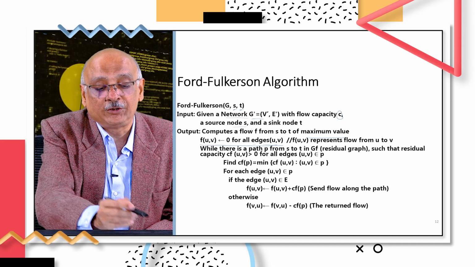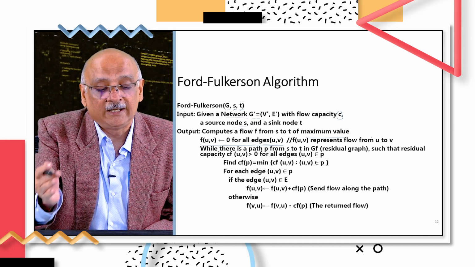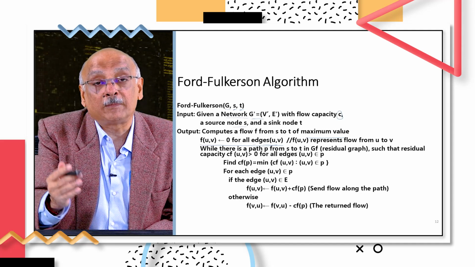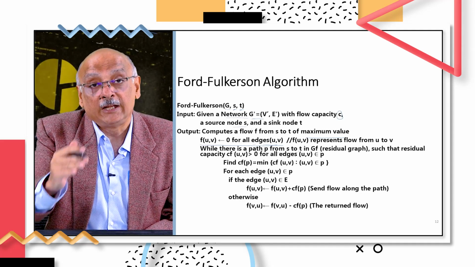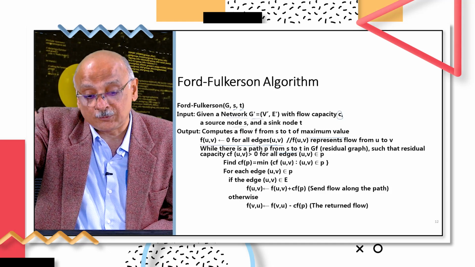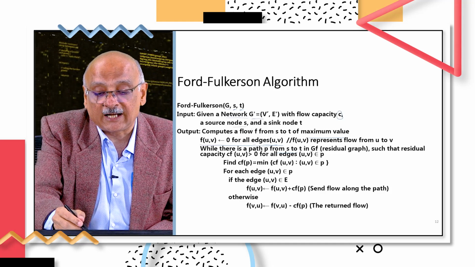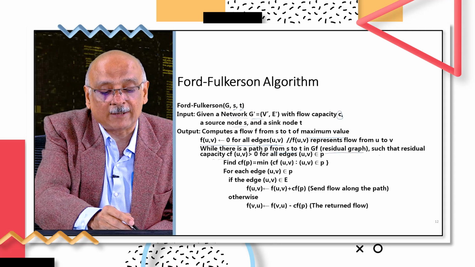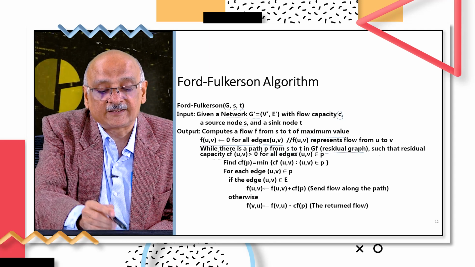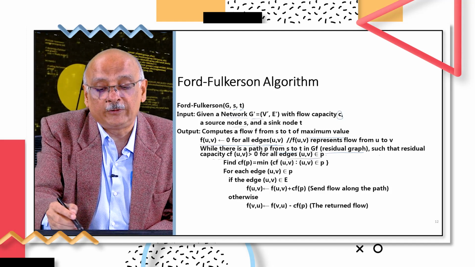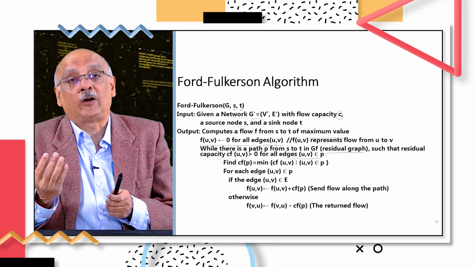Flow of edge uv is going to be 0 initially, while there is a path P from S to T. Now we will start considering various paths from S to T in the residual graph, such that the residual capacity is greater than 0 for all edges uv in the path.